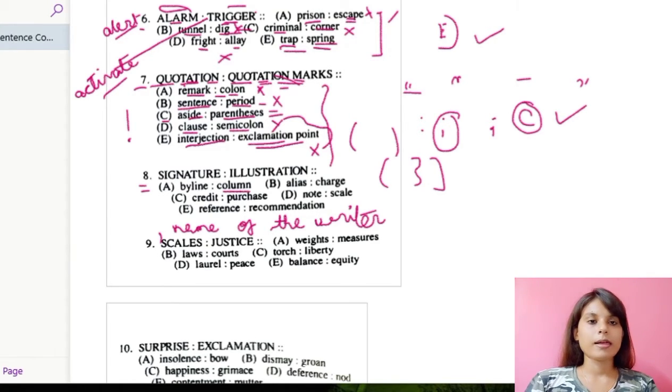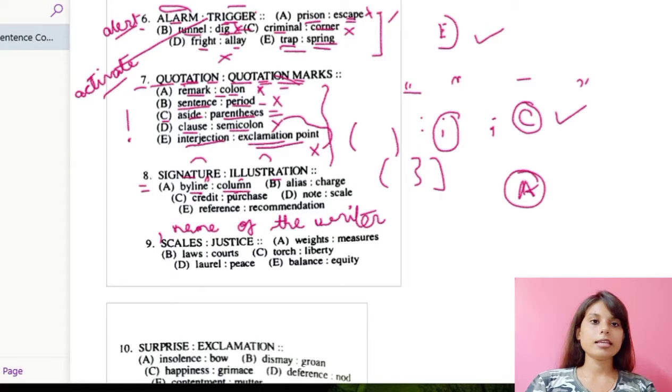So you see signature and illustration and byline and column is going well, because both byline and column can be found in a newspaper. So we can say number A can go, but definitely we will check the other options because we have to choose the most correct option.